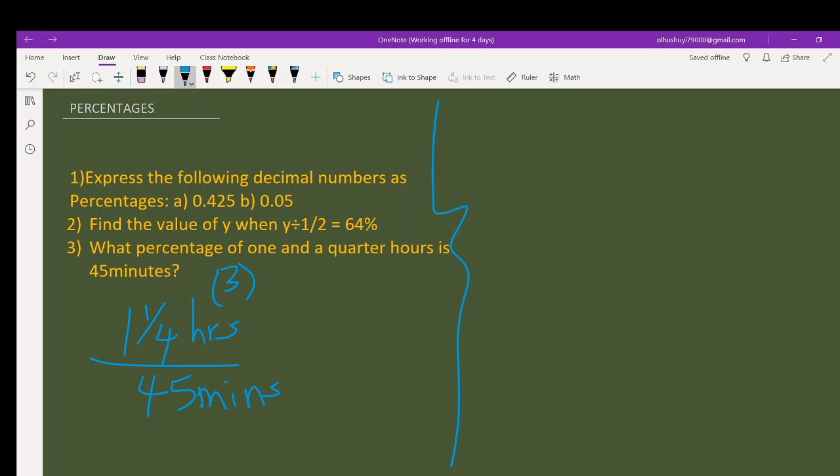That's a fraction, a representation of 1 and a quarter hours to 45 minutes, but they said in percentage, then you multiply by 100. So you should change this to minutes, a lower time unit, so both of them can be in the same unit. Then that's all. You can finish it up by yourself.